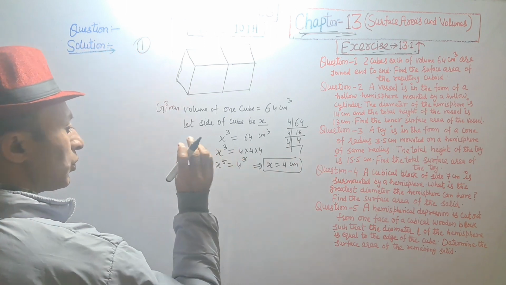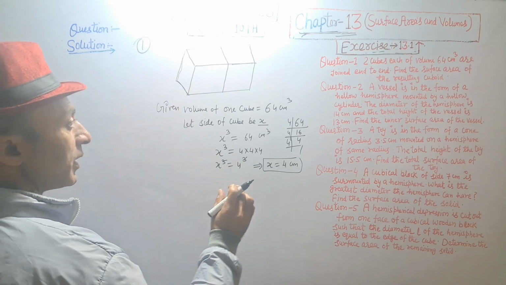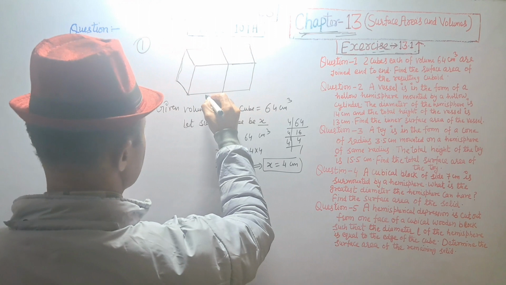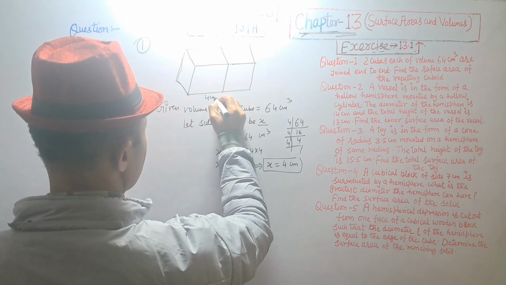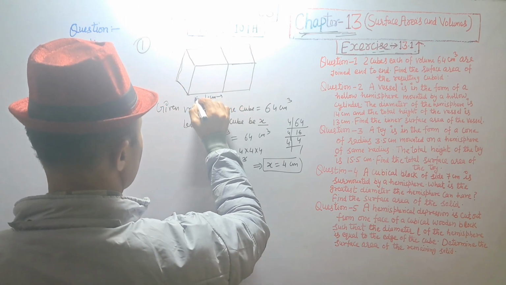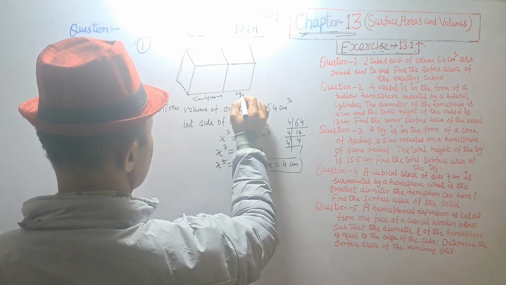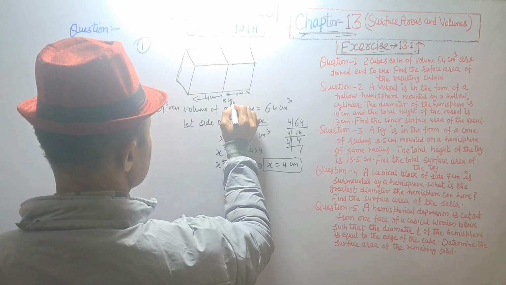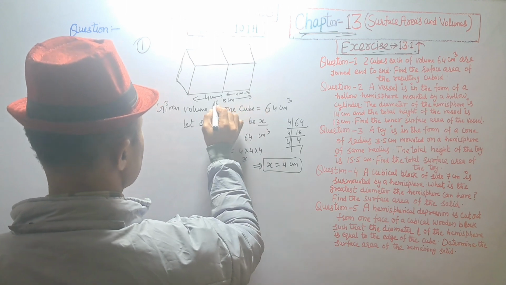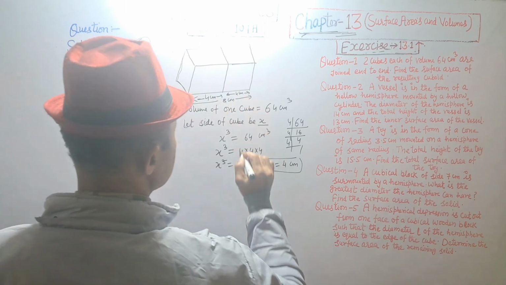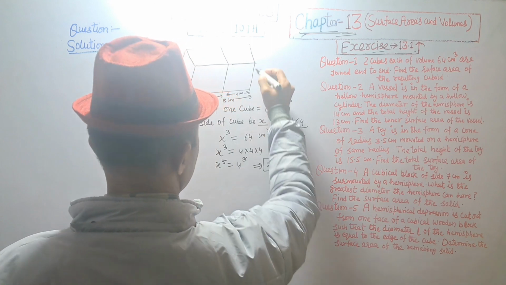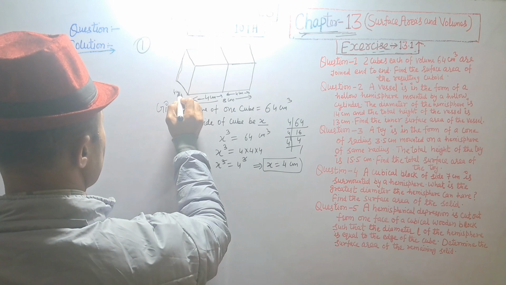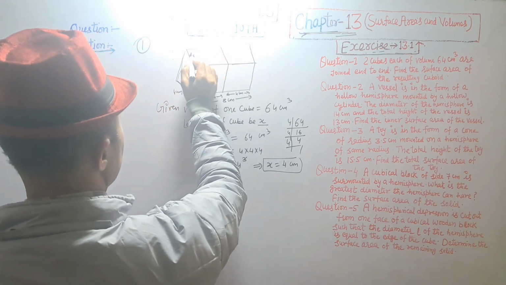It's side of one cube. And two cubes, each of volume 64. If this is 4 centimeter and 4 centimeter, then total length is equal to 8 centimeter, and breadth and height is same, that is 4 centimeter.